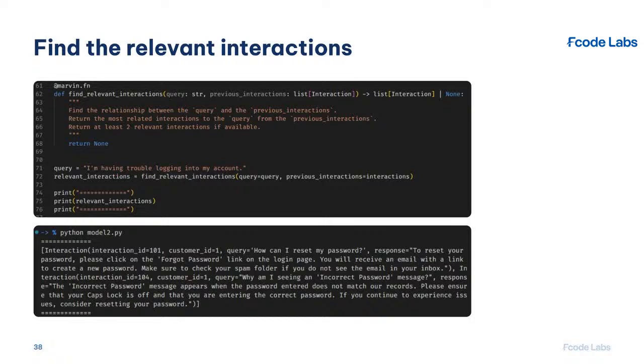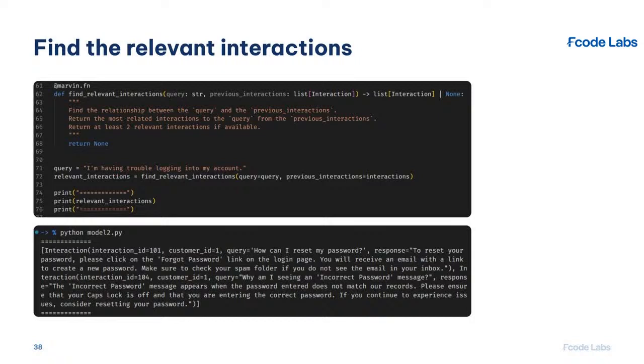But instead, what we do is we break that task into two separate tasks. First, we identify what are the relevant interactions for this query, and then we go to the next part. So to get the relevant interactions, we write this function with the query and all the previous interactions, and this function will return the list of relevant interactions.